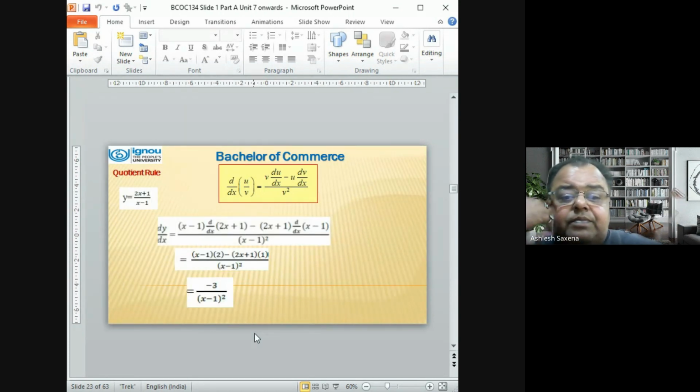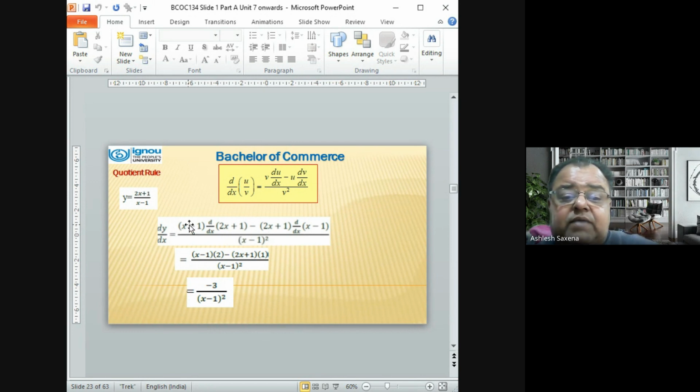Another problem, you have 2x plus 1 upon x minus 1. What we will be getting, we will be supplying the square of the denominator in the line.